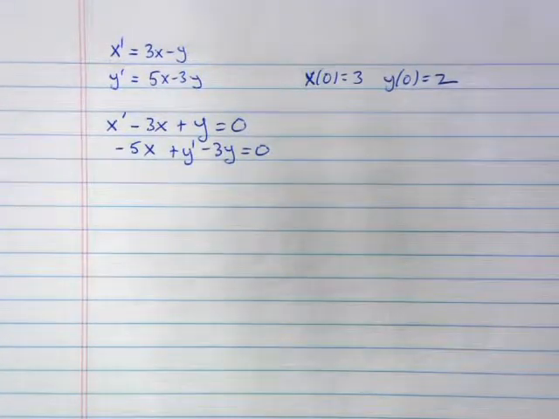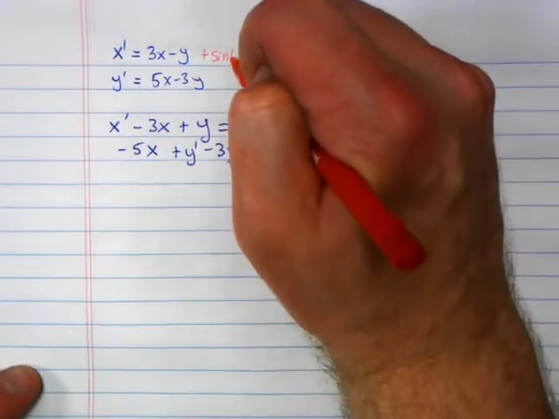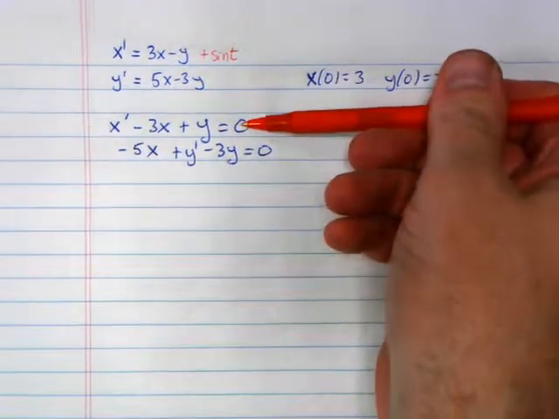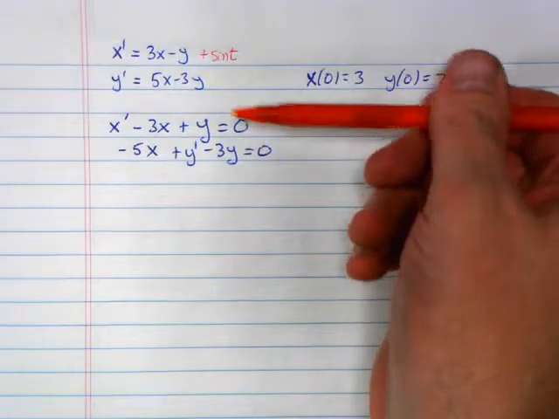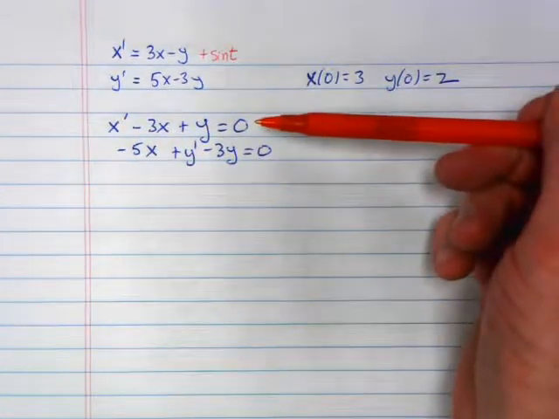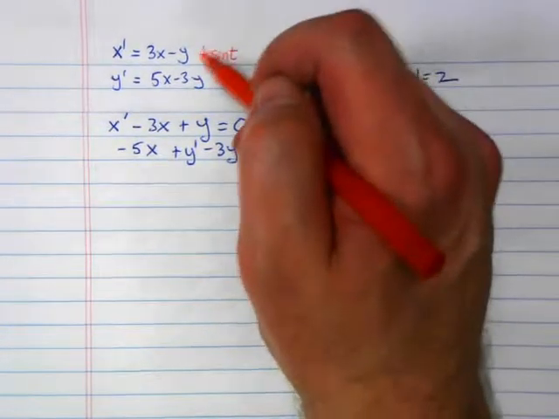I made everything homogeneous by moving all the variables to one side. If this original problem had, say, a plus t here, then I would have left that on the right-hand side. So basically you're getting all the x's and y's on one side, everything else on the other side. But in this case, everything else was just 0.